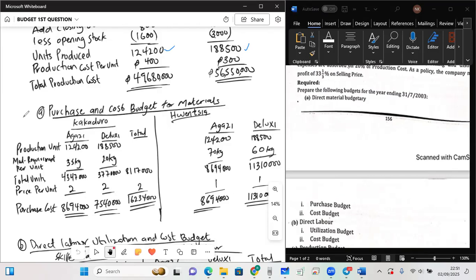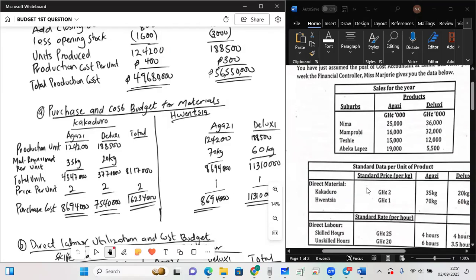Now, we were given the production requirements per unit. We were told that the material requirement to produce Agazi per unit is 35 kilogram, and it was given here in this question. That's the standard data per unit product. Here for material is 35 kilogram per unit. So we bring our material requirements per unit. So for us to produce 124,200 units, 1 unit will use 35 kilogram.